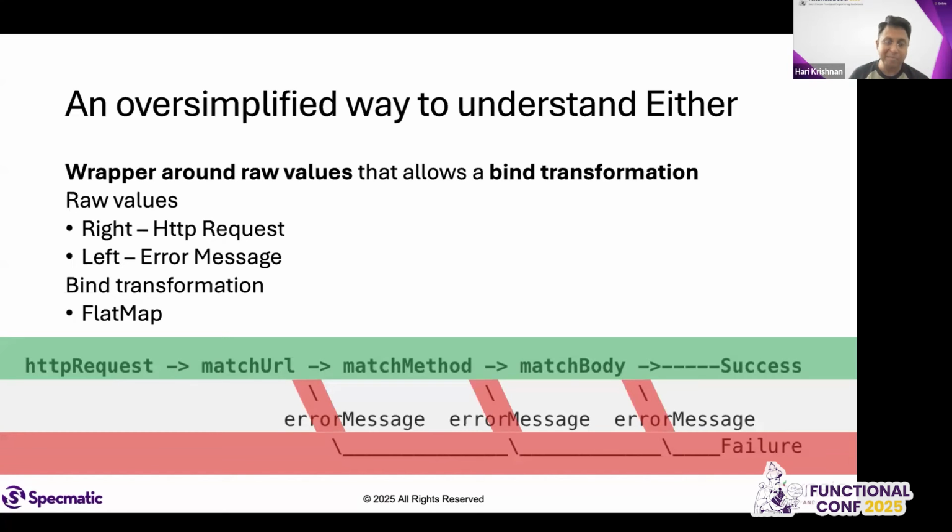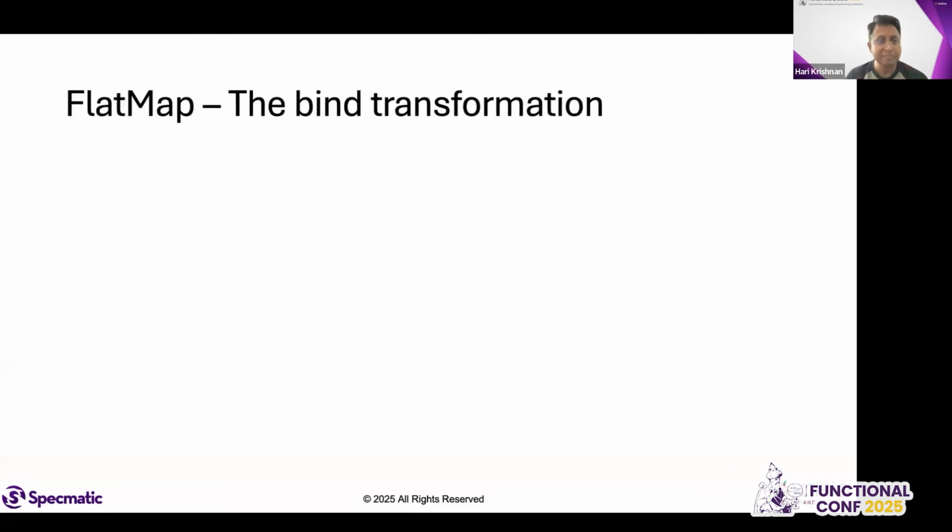But within the sum type, you have two values, right and left, and the right is the success and the left is the error. So the right, I'm giving it HTTP request, and the left, I will say error message. And then I have flat map. This is my basis on which I started my journey to see if I can learn and implement it.